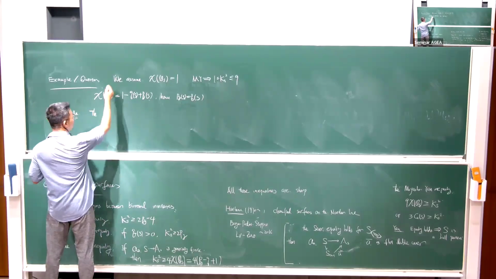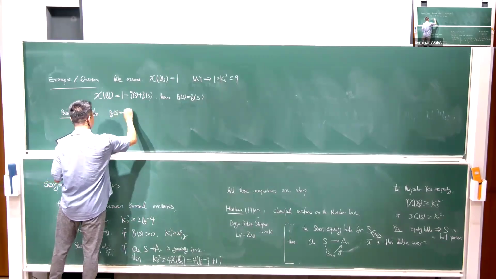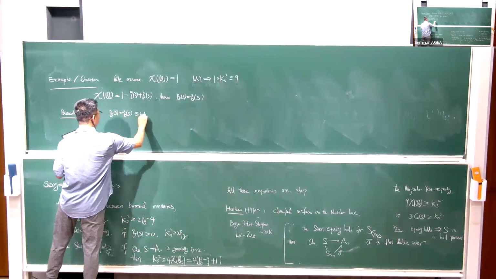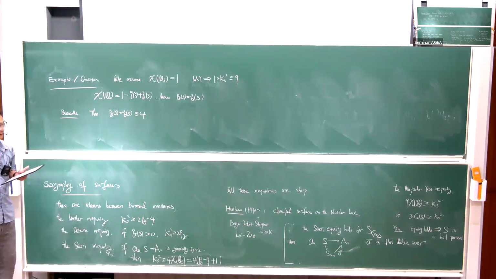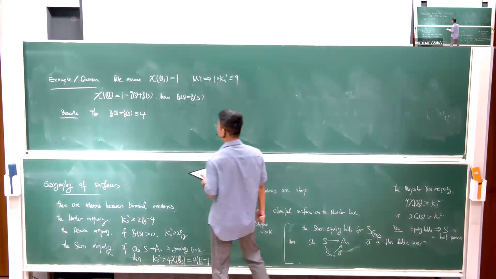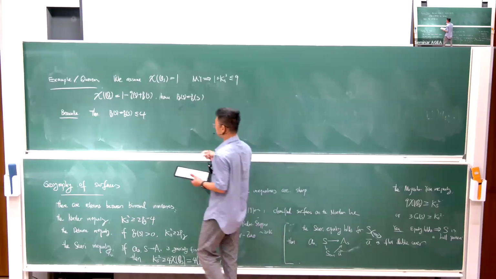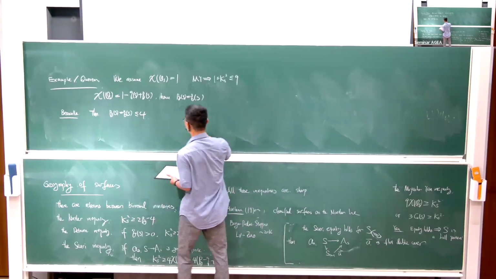Then under this assumption, p_g(S) equals q(S) is smaller or equal to 4. And there is actually quite a beautiful argument to show this inequality. The argument goes as follows.